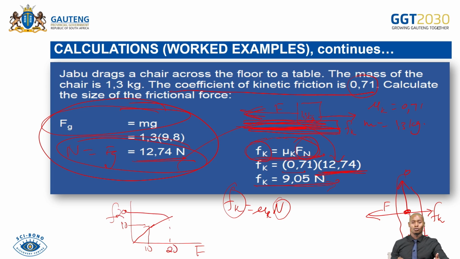Still the object is not moving. Then when it is about to move, that's where you have your Fs max. And what happens? Your Fs max is always greater than your Fk.